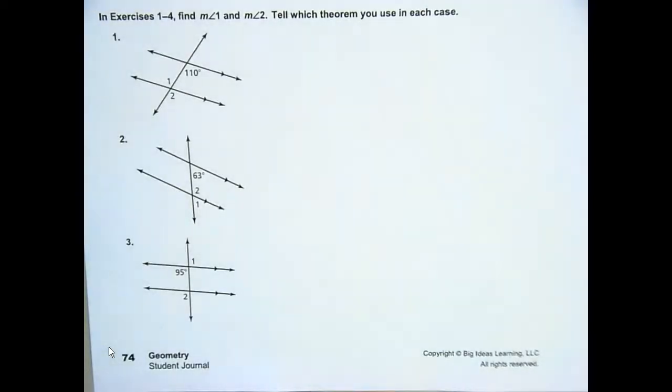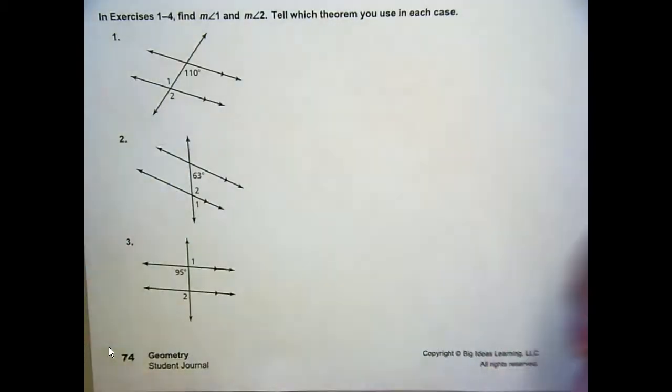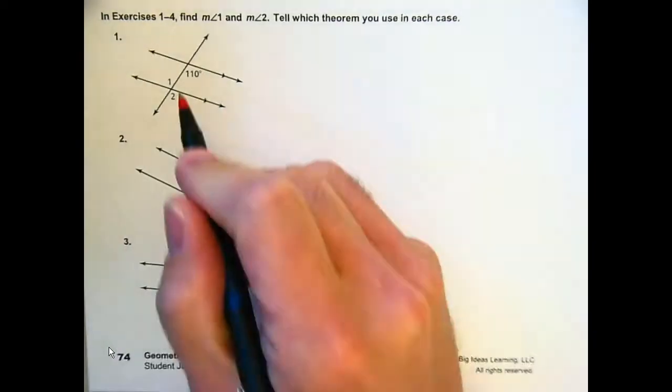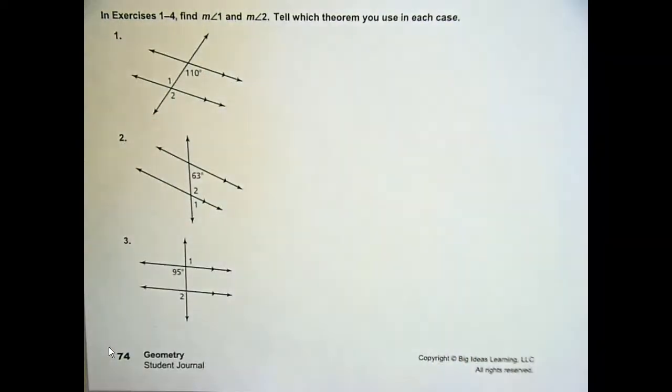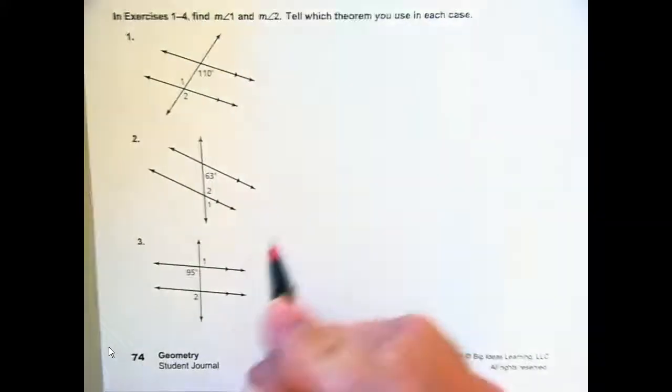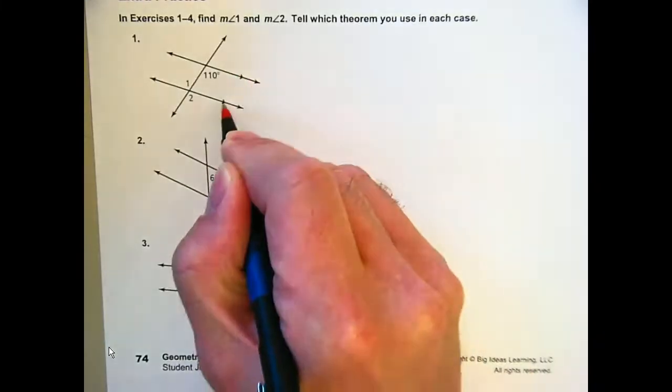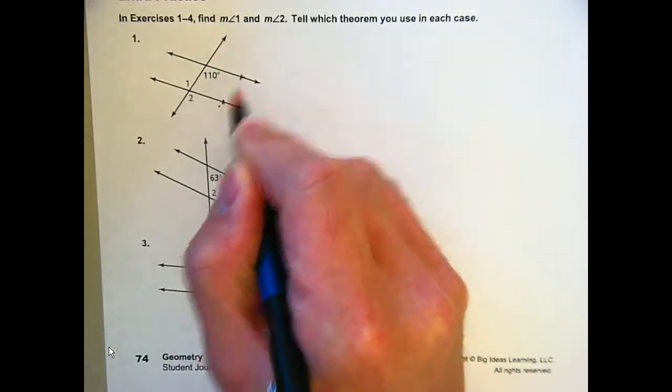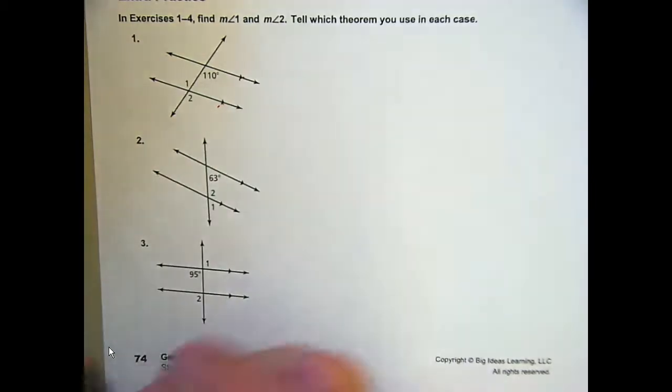Number 1. All right, everyone take a look at 1, please. On number 1, find measure of angle 1 and angle 2. Which theorems you use to justify your case? So what is 1? Okay, may be important for everyone to recognize that these are parallel based on these markings, right? That's what those extra arrows mean, remember. Okay?